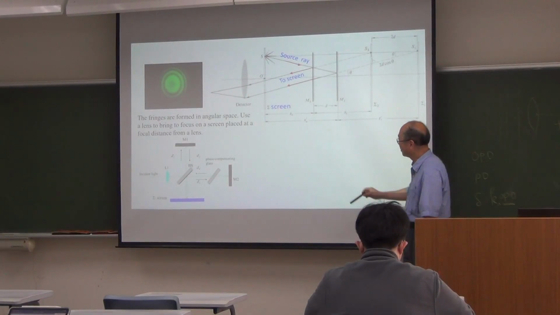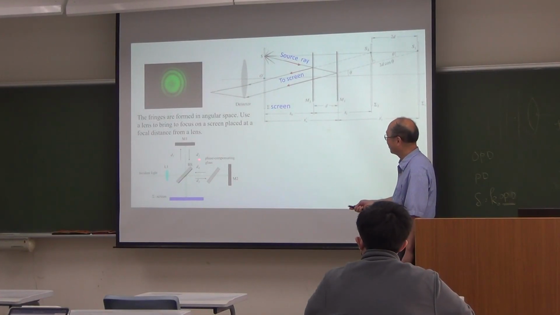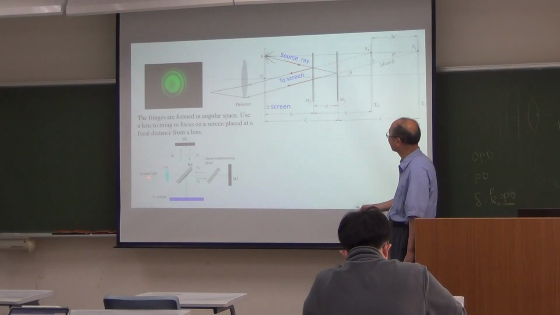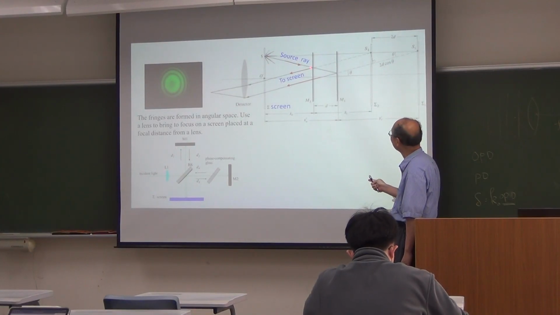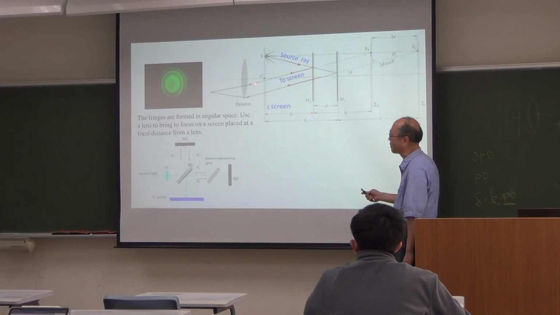Okay. So if you just expand it, this is the source. So suppose you have a source generating a light ray to hit this M2, it's going to refract to hit this M2, and then it's going to refract it back, right? To hit this M2, and then it's going to be refracted back over the screen.